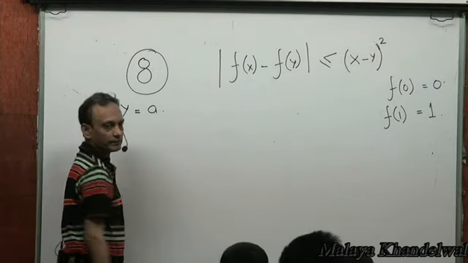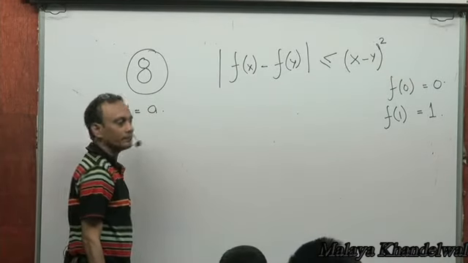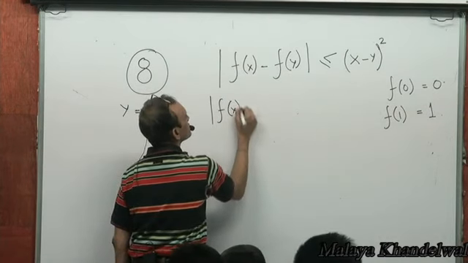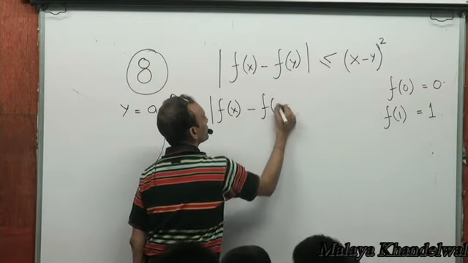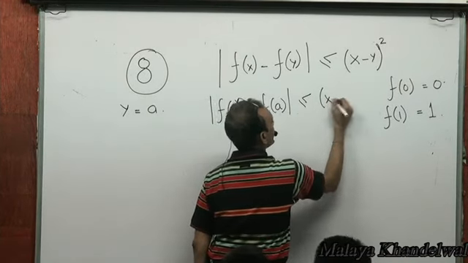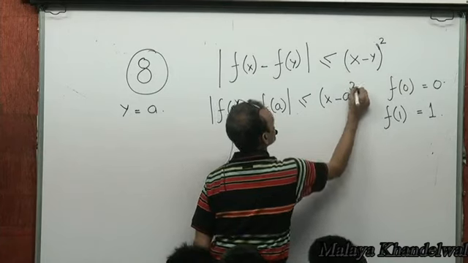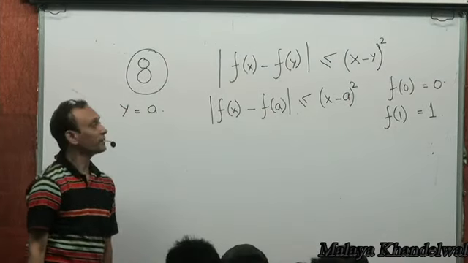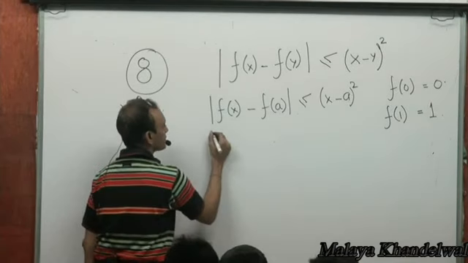So we have mod of fx minus fa less than or equal to x minus a whole square. Right? Divide by x minus a.